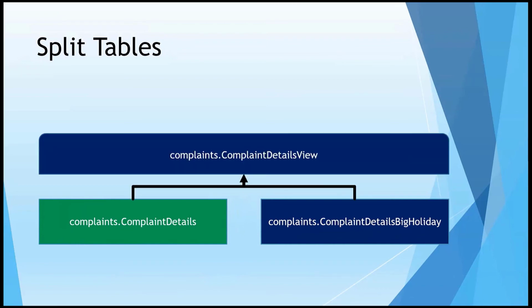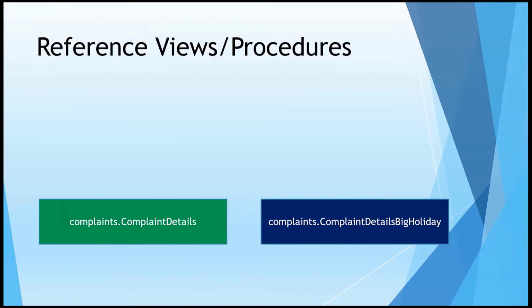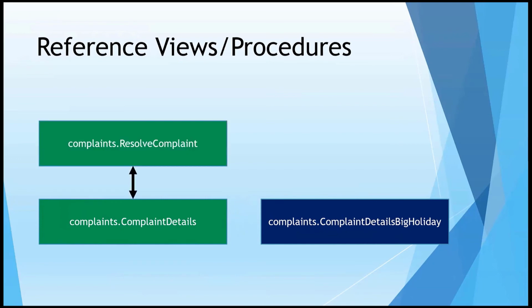And maybe we put a view over the top of it, so any new code we write can reference those as if they're one thing. And then we also have a procedure called resolve complaint that updates complaint details with the result of any resolution. But for Big Holiday Limited, that also needs to update one of the columns we've added here.